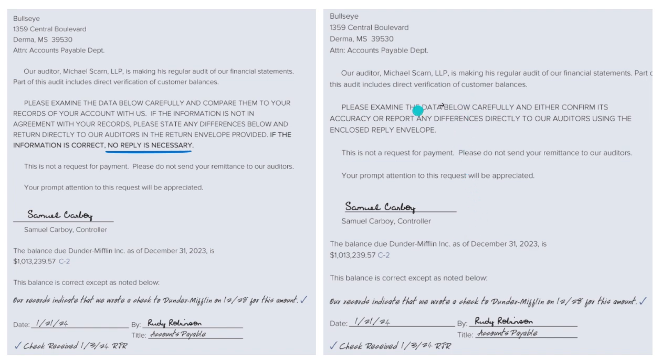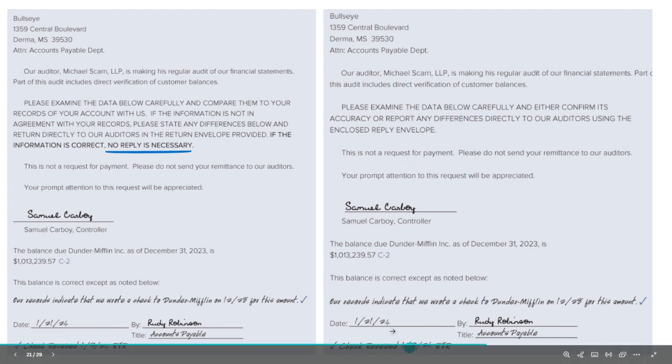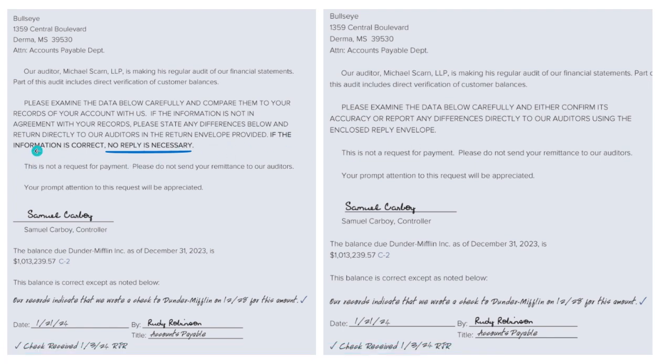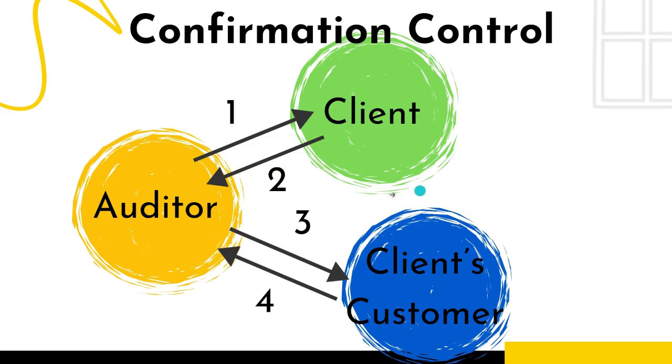They provide the same information down here, but it doesn't have this clause that says no reply is necessary. So we're going to want this one back regardless of whether it's correct or not. So that's going to be that positive confirmation. Now, if this was a blank confirmation, this balance amount would be left blank, and we would be asking the recipient to fill that in and send it in. So those are our confirmation types.